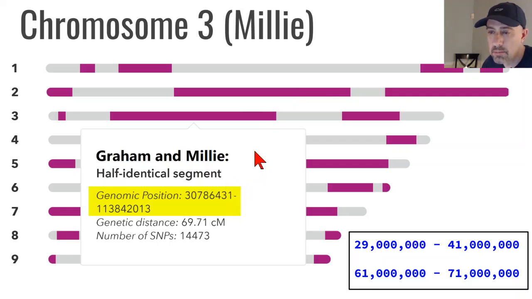Graham and Millie match me and my family on 2 segments on chromosome 3, and this large segment that they share here in the middle on chromosome 3 is roughly from the position at 31 million to the position at 113 million, and that spans both of the segments that Millie and Graham both share with my family. So as predicted by visual triangulation, we see that Graham and Millie do indeed match each other on chromosome 3.